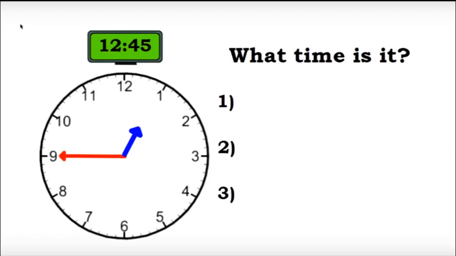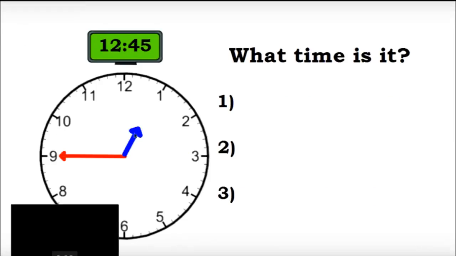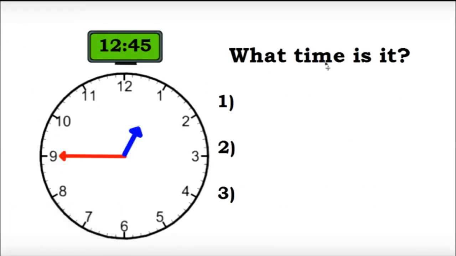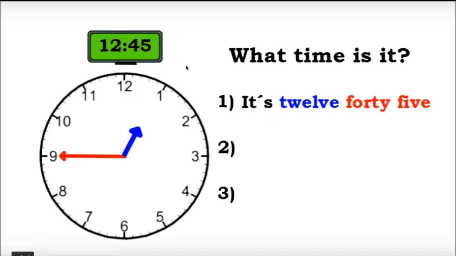All right, one more. Again, we have 3 different ways to say this time. What time is it? Again, the basic time is the hour first, and then the minutes. It's 12:45. Or we can use the minutes to the next hour.